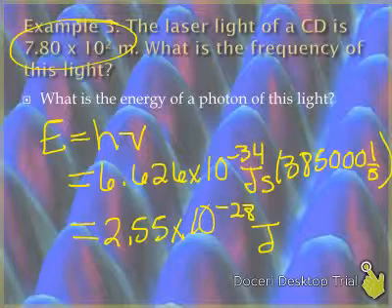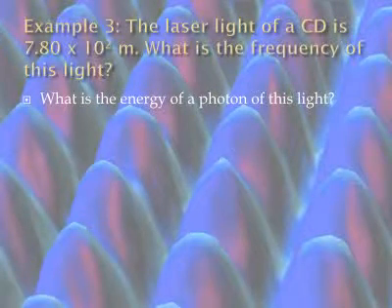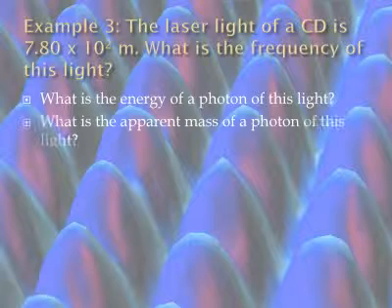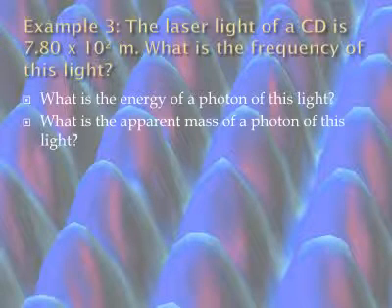All right, so now let's move on to C. C says, what is the apparent mass of a photon of this light? So we know wavelength, we know frequency, we now know energy. What equation should we use to solve for mass?